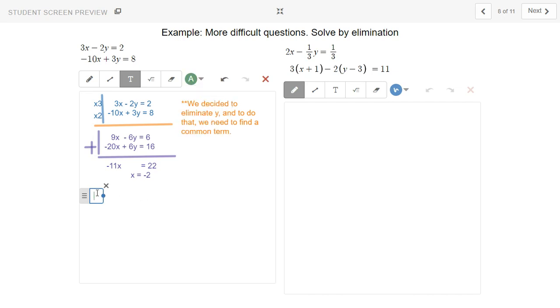Let's substitute x is equal to negative 2 into equation 1. So we have 3 times negative 2 minus 2y is equal to 2. Negative 6 minus 2y is equal to 2.